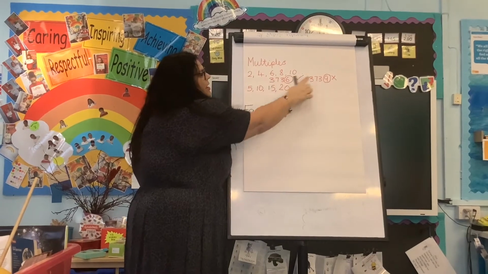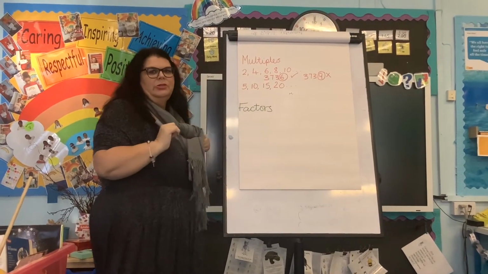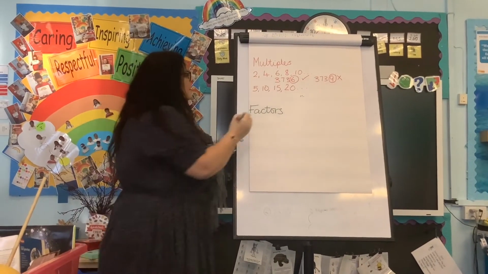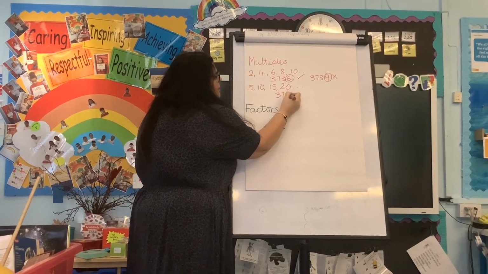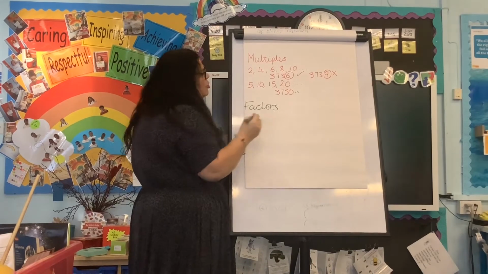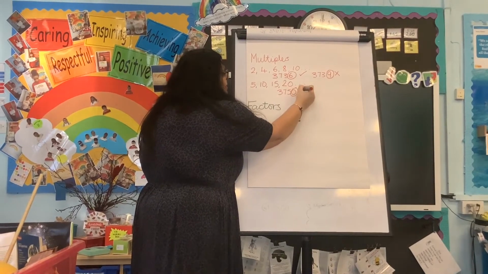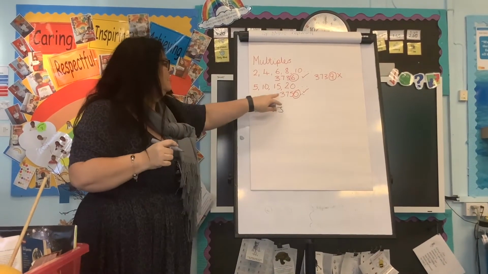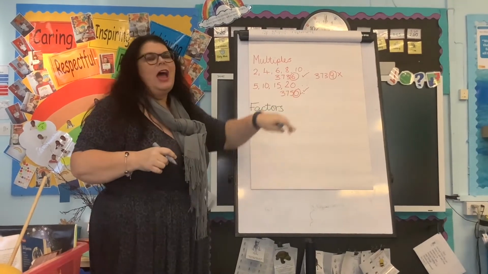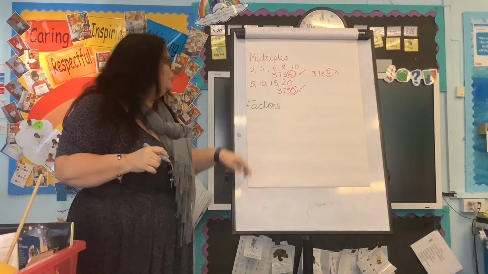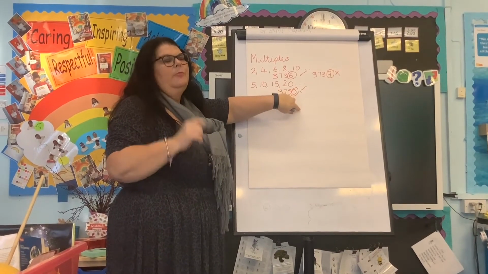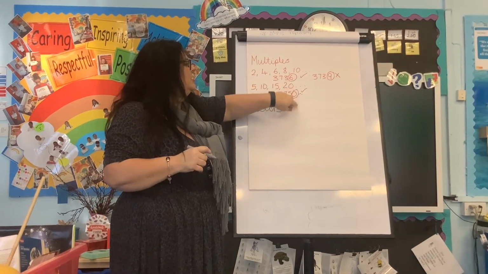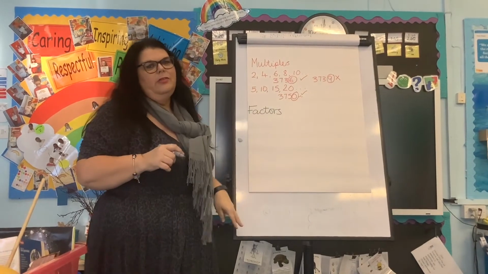So neither of these are going to be multiples of 5, but the number 3,750, yes, that would be, because it ends in a 0. Haven't had to count all the way to 3,750. Haven't done my 5 times tables up to 3,750. But just by looking and spotting the patterns, I know those things.